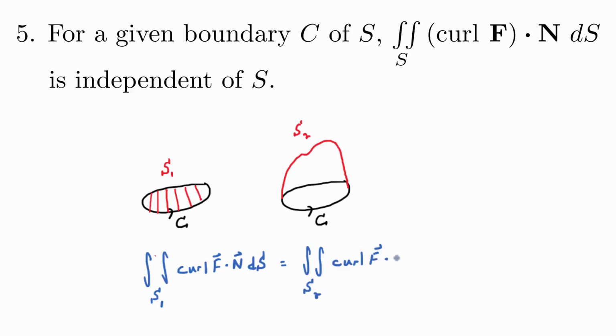Now, why do I know this? Because they're both equal to the left-hand side of Stokes' theorem, right? The line integral over that curve C of the vector field. So it has to be true. So those two surface integrals are independent of surface.